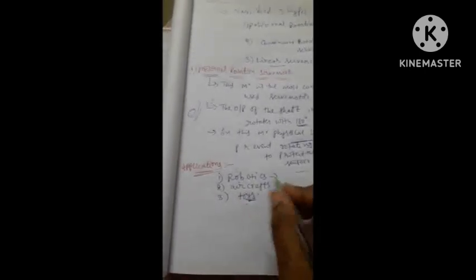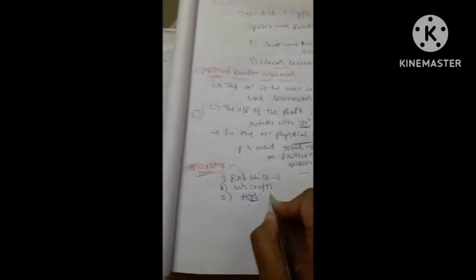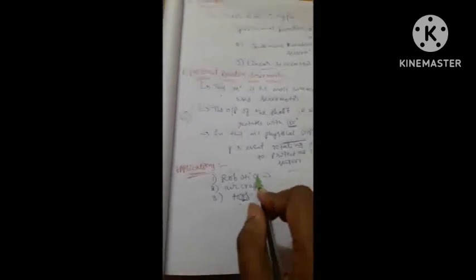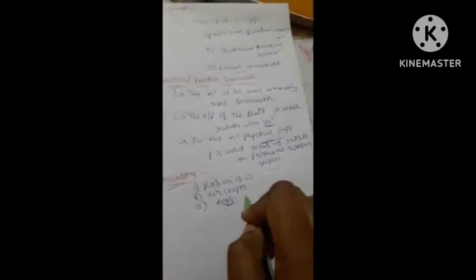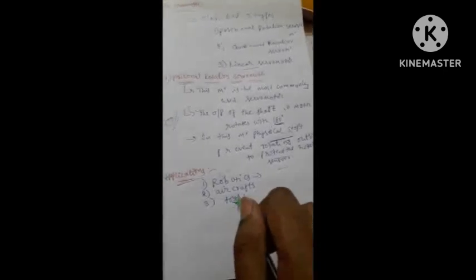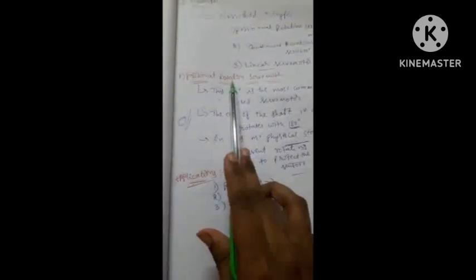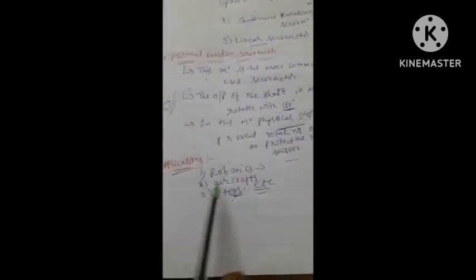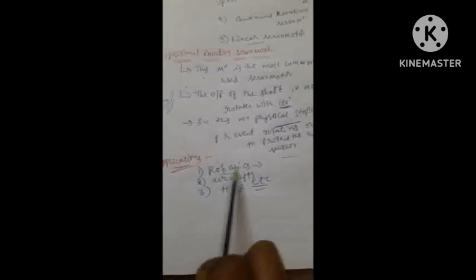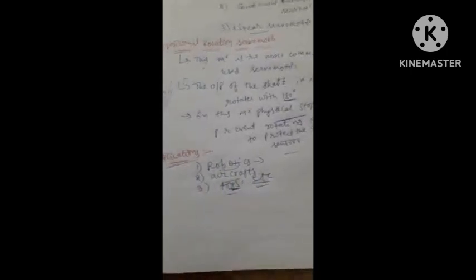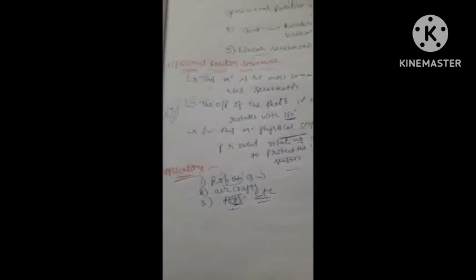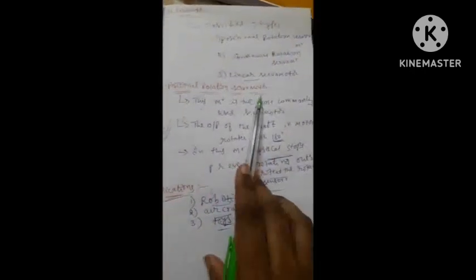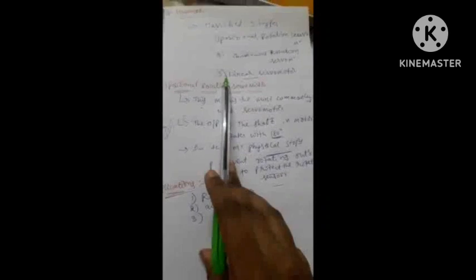For example, if we take a remote car, the small motor used in it is this positional rotation servo motor. So the applications of the positional rotation servo motors are robots, aircraft, toys, etc. So the next classification of AC servo motor is the continuous rotation servo motor.